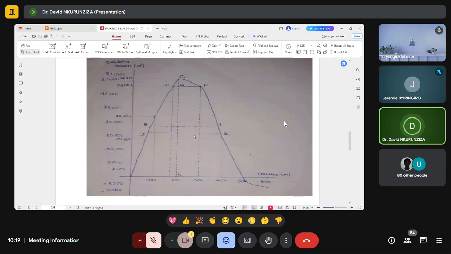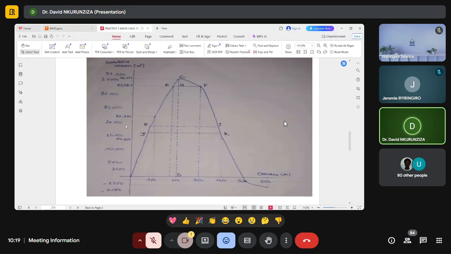For example, let us consider the points here. This point E, is it E? I think this is I. At E, what is the cumulative volume? At E, the volume is 33,689, for example, cubic meters. Then this is E, and this is the I. At I, how much is it?